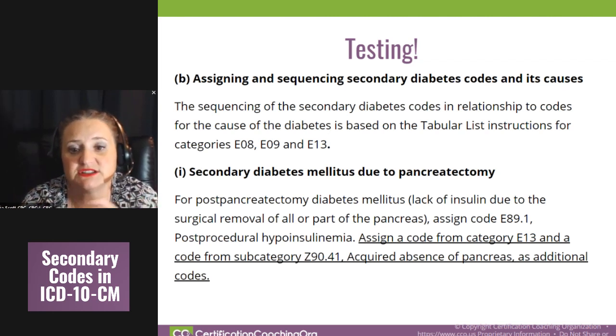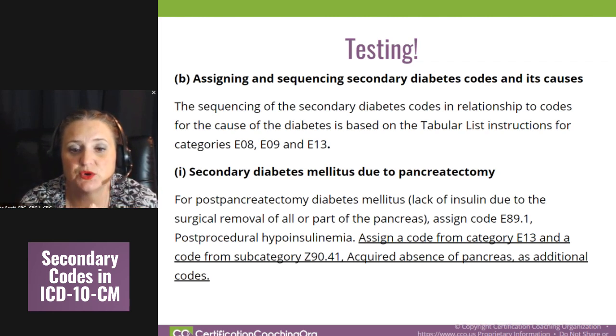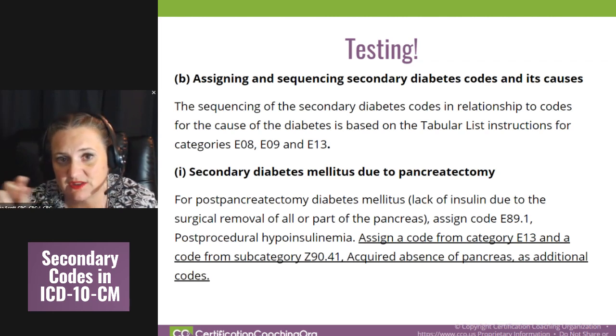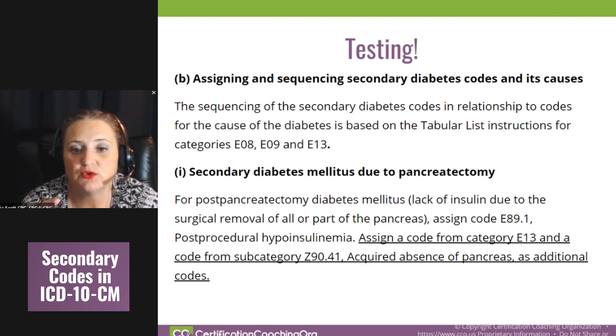So they're saying actually get a code from E13, not E08 like I said before, because it says other. When you go look at E13, it probably has a note there that says pancreatectomy. Then you know that if a patient has a pancreatectomy, they're not going to be producing insulin, so they're an E89.1, and they're going to be a Z90.41.